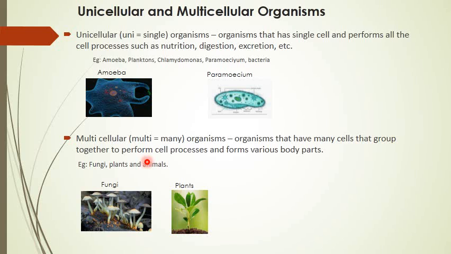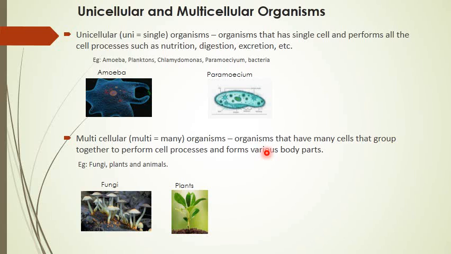Okay, since there are many cells, this is the difference here. Only one cell is performing in the unicellular organisms, whereas in multicellular organisms, there are many cells, each group working under one function, and they perform their work. Okay, such organisms are known as multicellular organisms, and they also form various body parts.